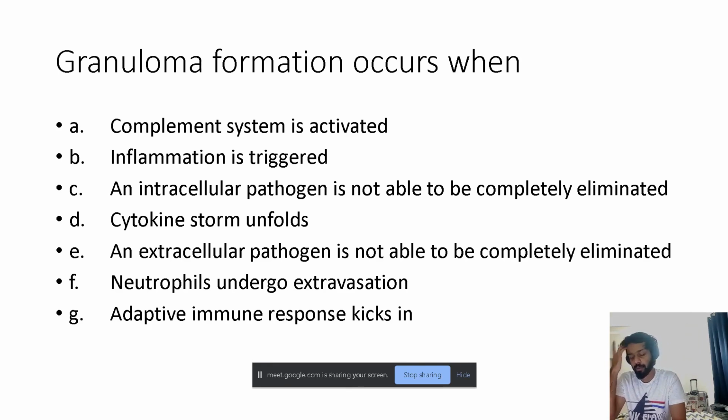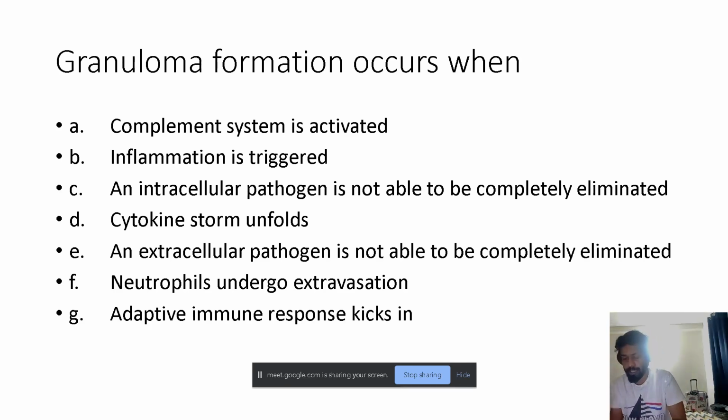For that to happen, the macrophage first needs to engulf the bacteria, so the pathogen needs to be intracellular, and it should also not die. If it dies, there's a resolution of infection. But if it doesn't die, only then will the other immune cells of your body come and form a wall around this infected macrophage, not letting it access the rest of your body, so that even if the pathogen comes out, it's isolated.